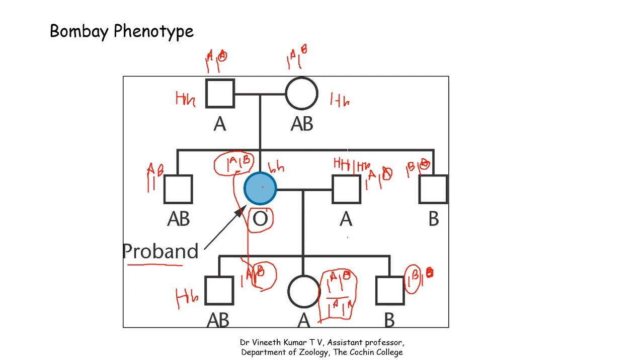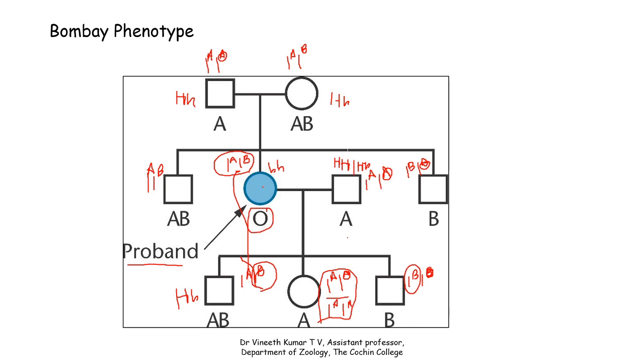In multiple alleles, in the first sessions, we discussed the structural peculiarities of RBC and the factors contributing to blood grouping. After that, we discussed the inheritance pattern of the ABO blood group system and the RH, followed by RH inheritance and also the consequences of RH negative individuals having an RH positive baby, which is erythroblastosis fetalis.